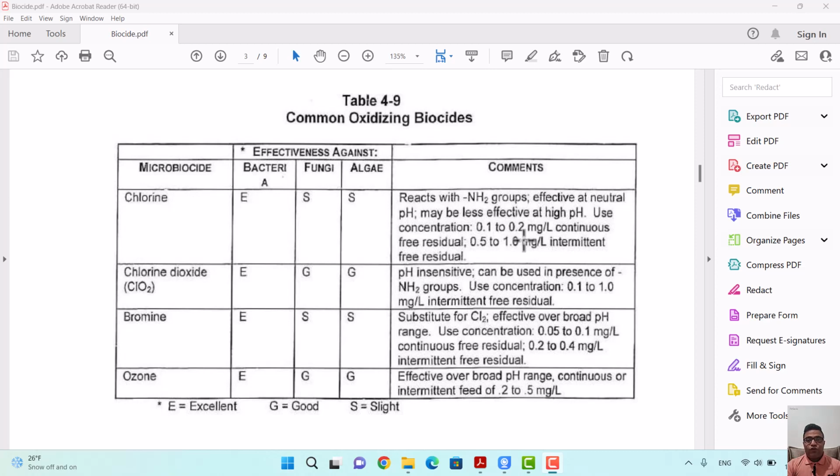And of course, I've seen that for more than 1 week, all of these chemical residuals were trace, but we didn't observe any kind of fungi or bacteria on the walls of the cooling water systems.